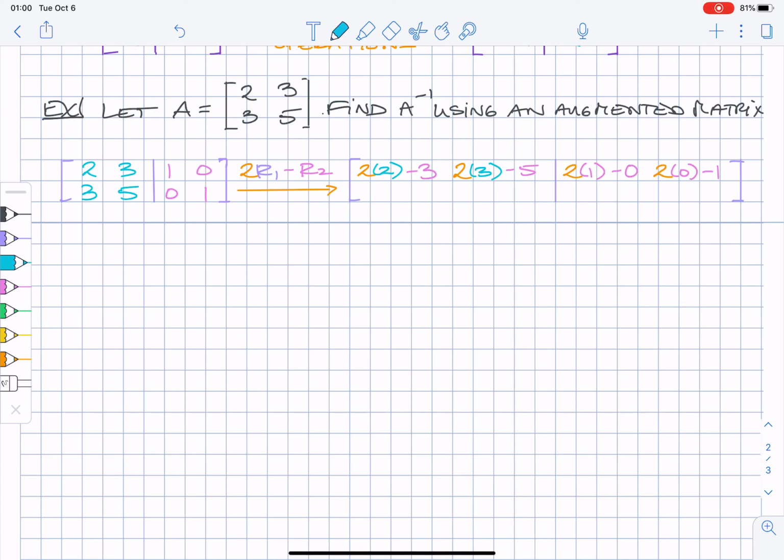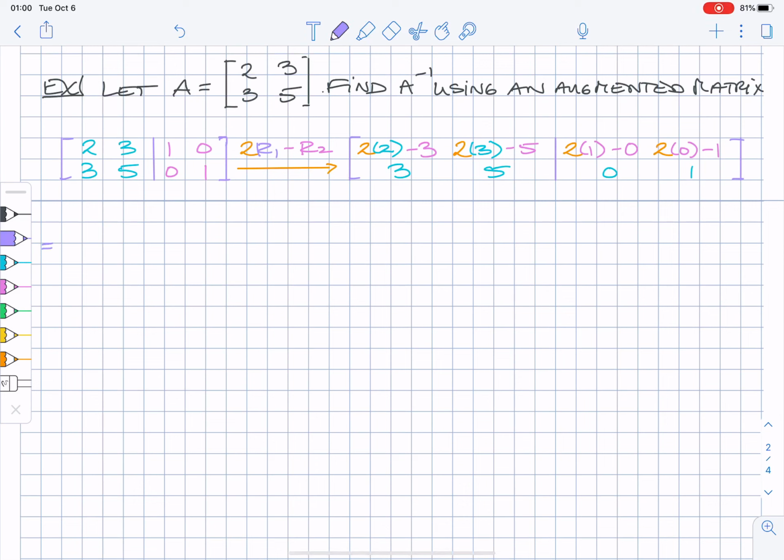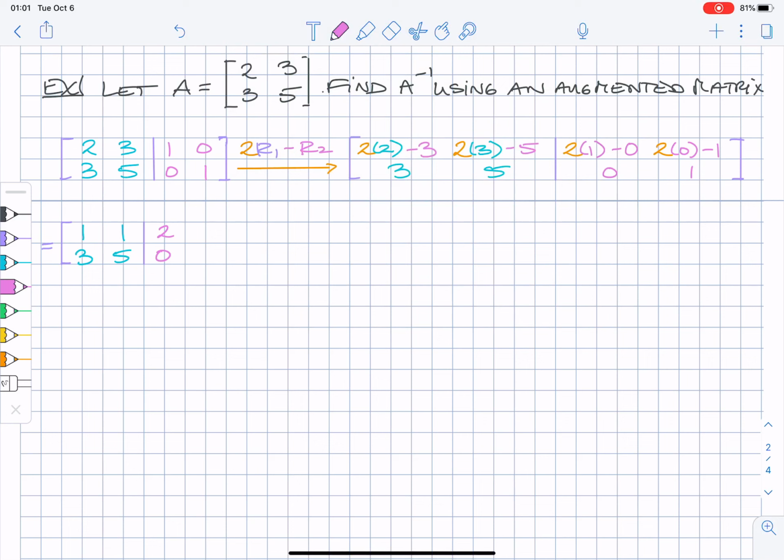So we still have 3, 5, 0, and 1. Okay, so what do we get then? We get 4 minus 3 is 1. 6 minus 5 is 1. Augment. We get 2 minus 0 is 2. 0, oh shoot, these were supposed to be in pink. Sorry. Okay, and then we get 0 minus 1 is negative 1 and 1.